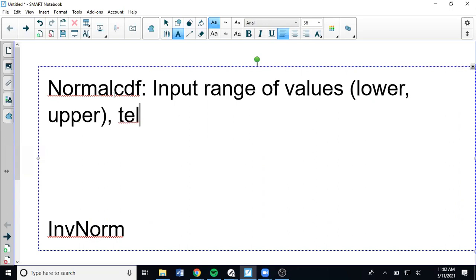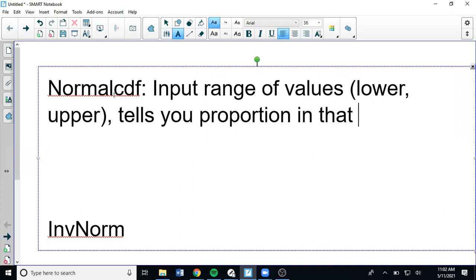And it tells you what? When it gives out an answer, what is that answer telling you? A proportion. It tells you the proportion in that range in the normal distribution.